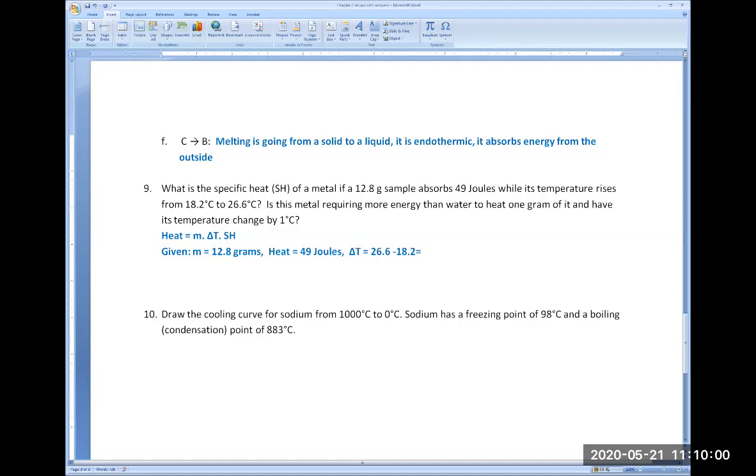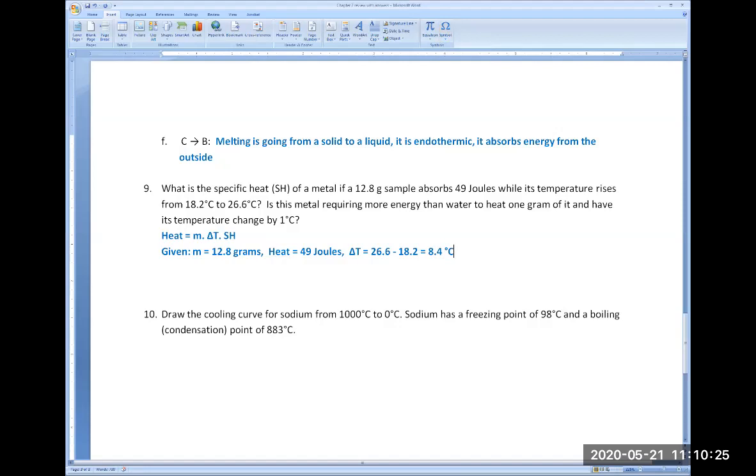Equals, let me calculate this. 26.6 minus 18.2, 8.4. And so it's 8.4 degrees Celsius. Okay, so that's our temperature change.